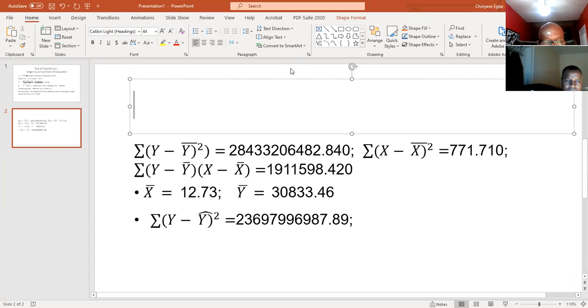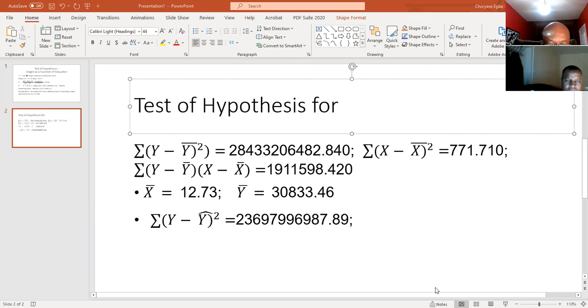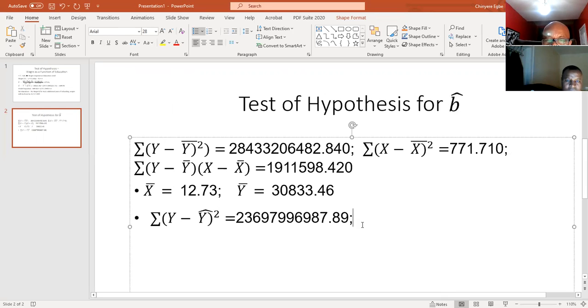Test of hypothesis for B hat. In order to test a hypothesis for B hat, you have to state a null hypothesis.